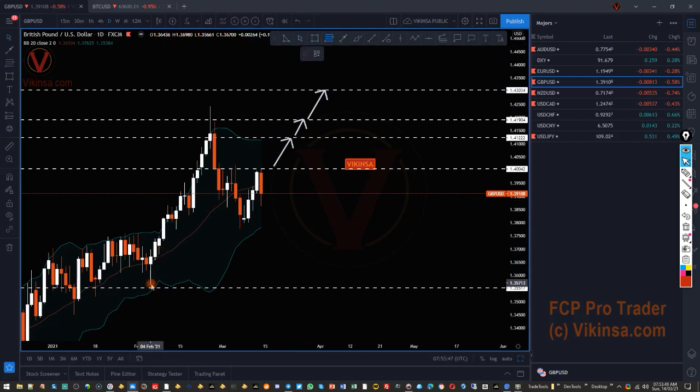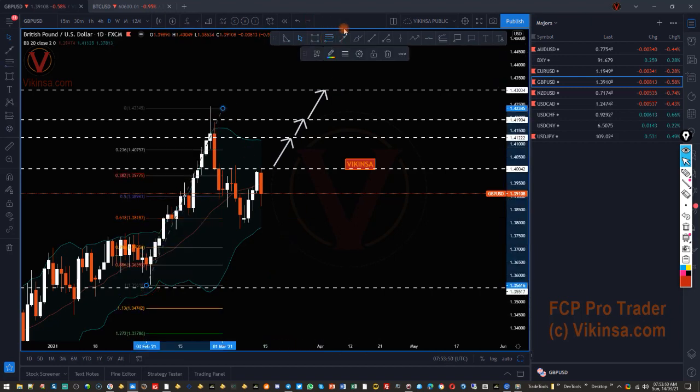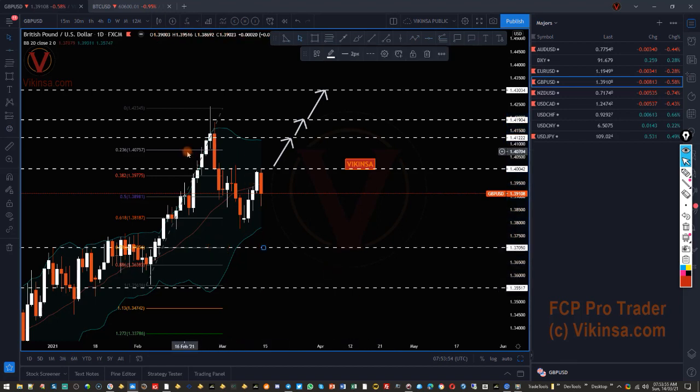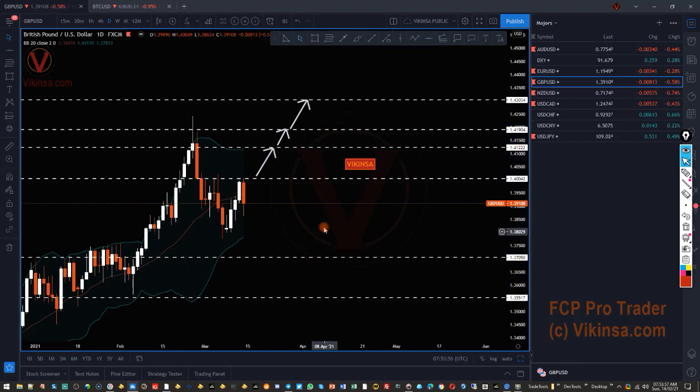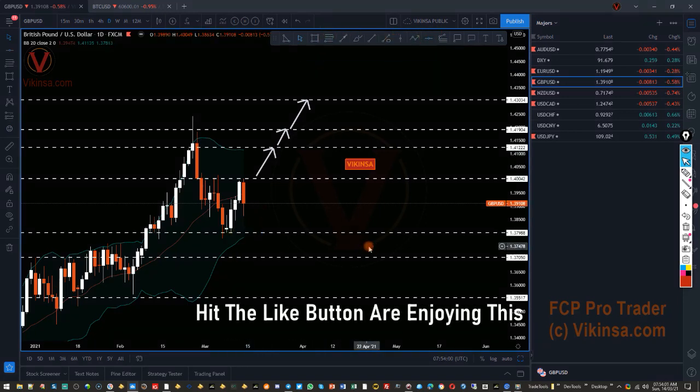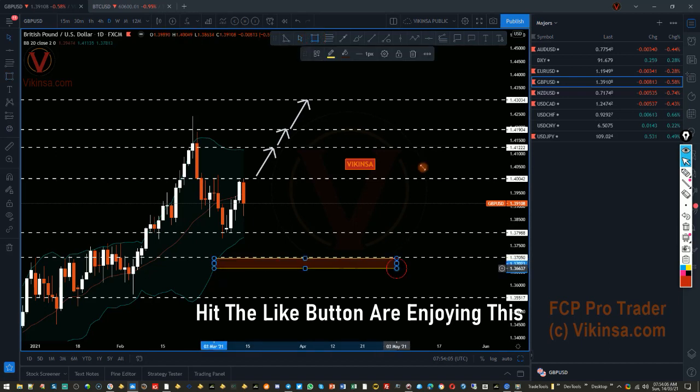And if the market starts to go down, then we are looking at near about this level or so. Okay, so this is another level that we have got, a structure level here, and the FCP zone is near about here.